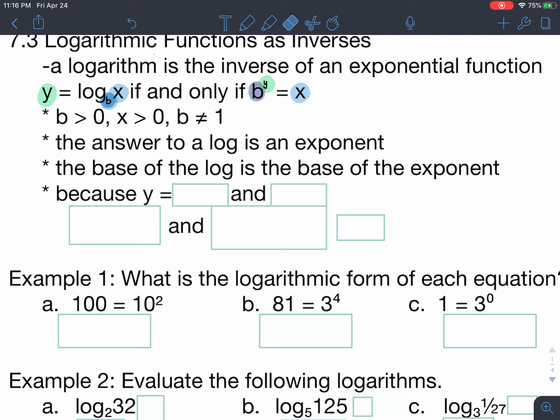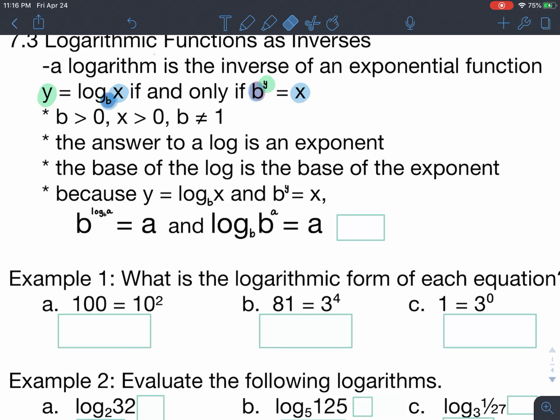Now, this next statement can be a little tough for people, but at the very least, you could just remember it. Because y equals log base b of x, and b to the y equals x, these following two things are true: b to the log base b of a is a, and log base b of b to the a is a.